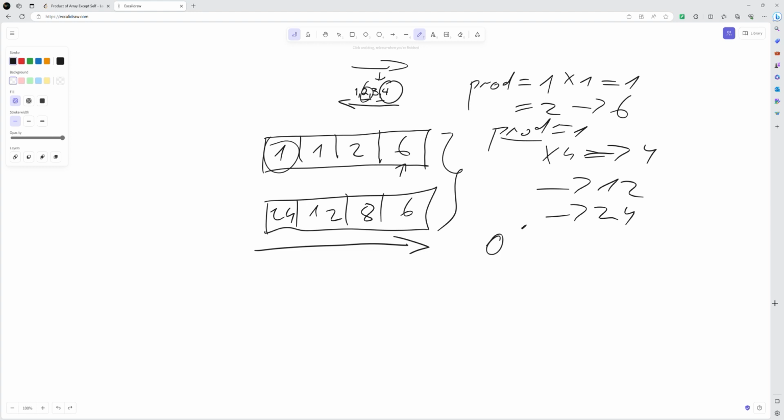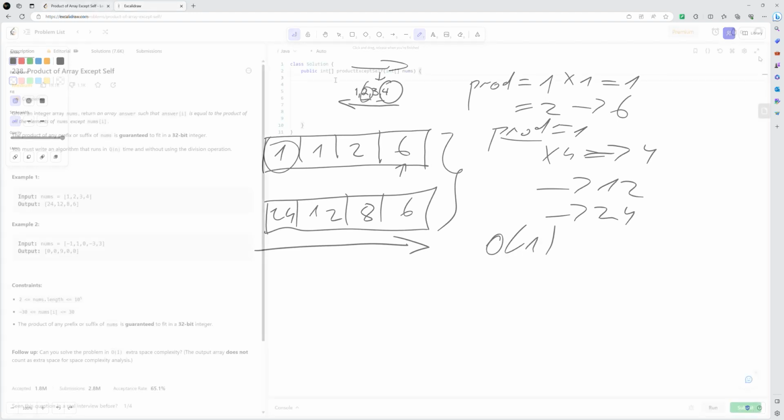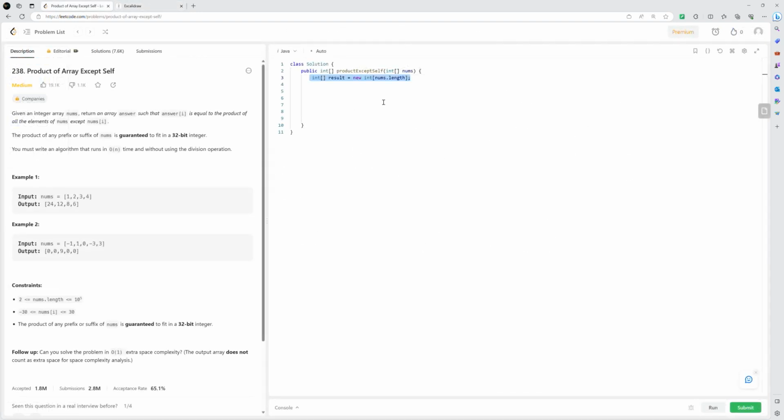So the space complexity will be constant. We will first start by declaring our output array called result, which has the same length as our input array. Then we will declare the neutral element for multiplication, which is 1. We will set that value to our current prefix product.